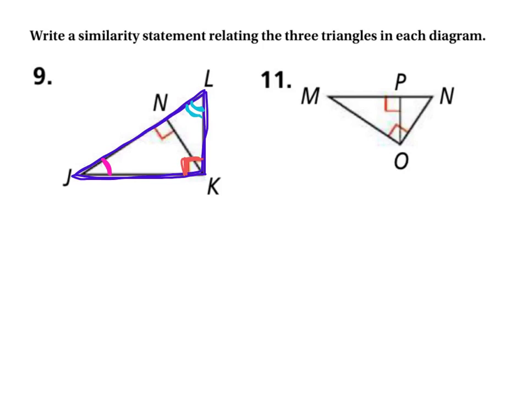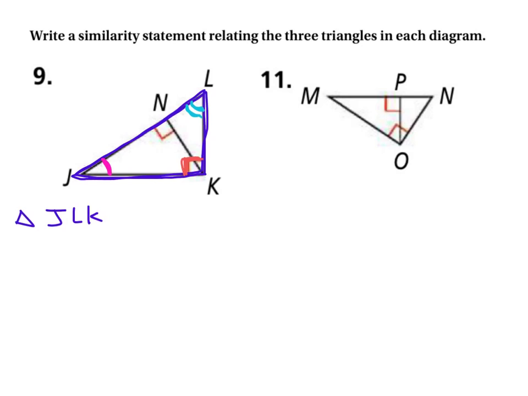And so I'm going to start by writing the statement that says triangle JLK is similar to. Now the reason that I want to write that first is I just want to list it off.